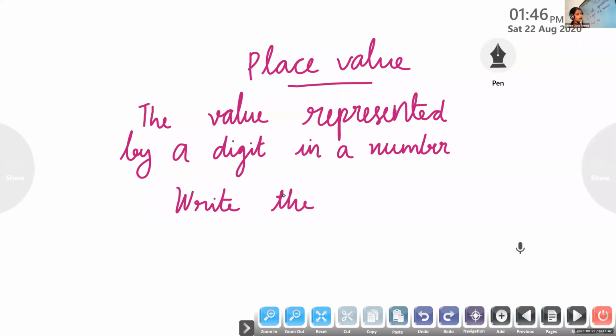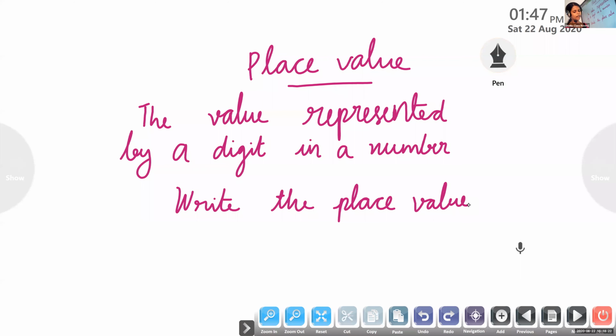What we are discussing now? Place value. So write the place value.